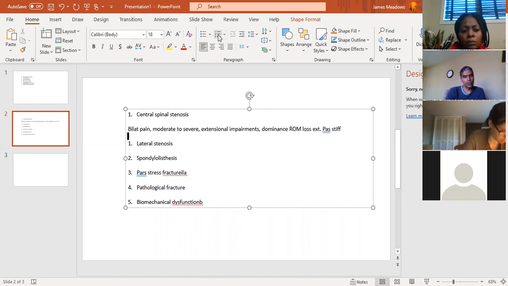Now, what else could that be? Will they have radiating symptoms? Sorry? Will they have radiculopathy as in radiating symptoms to the extremities as well? No, not necessarily. There may be neurological changes, there may not be. We can add that on in a minute. We can look at the outliers in a minute. Okay. So what else have you got? What else could that be? If it's not stenosis, what else could it be?